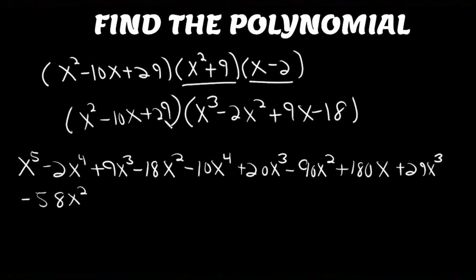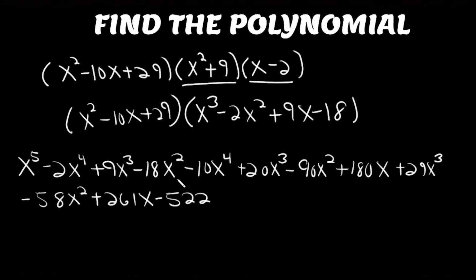Then I'm going to do 29 times 9x. That will give you plus 261x. And then you're going to do 29 times a -18. And that's going to give you -522. Okay, so you have this big mess here, but you're going to clean it up, and then we will get the polynomial with the following zeros that were listed at the beginning.